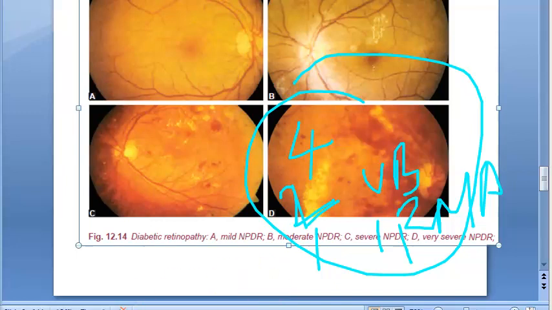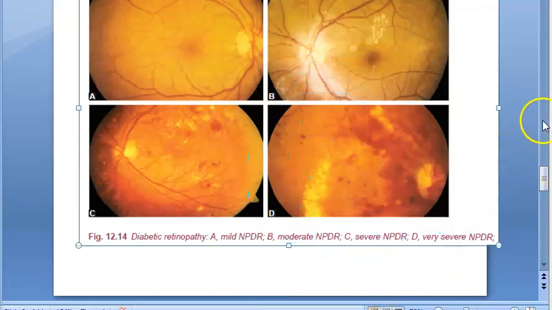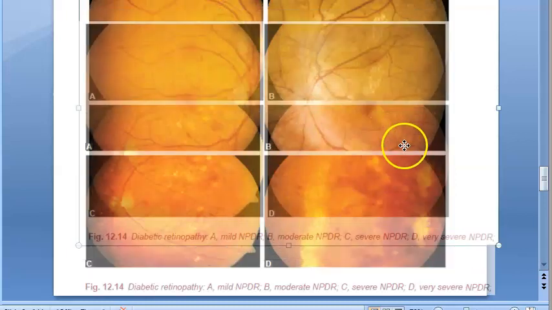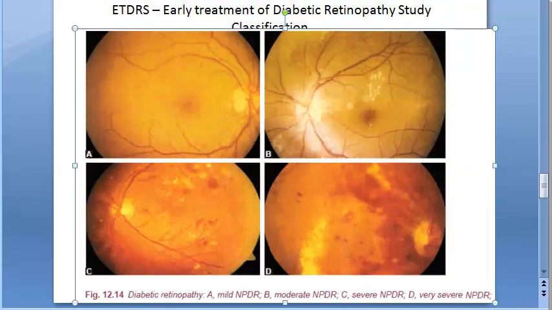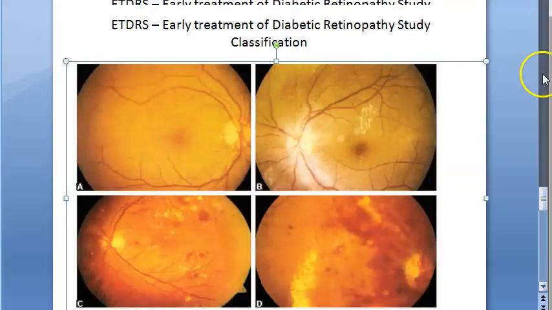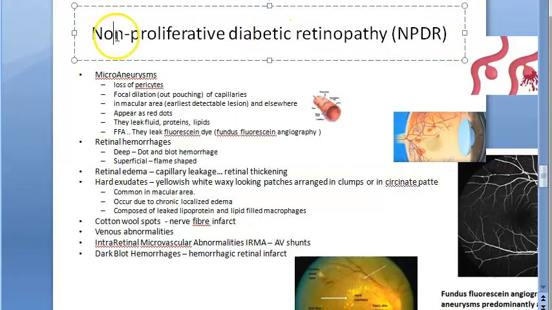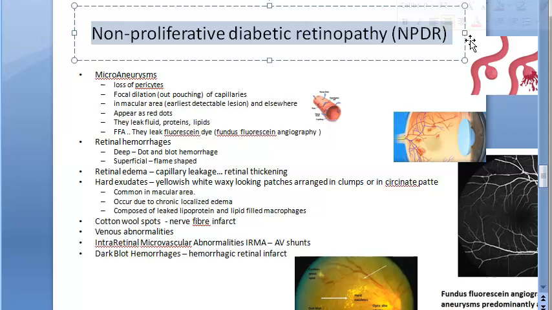Now we are done with NPDR, that is non-proliferative diabetic retinopathy. Now what you should know is this one can progress into PDR, that is proliferative diabetic retinopathy. When will that happen?